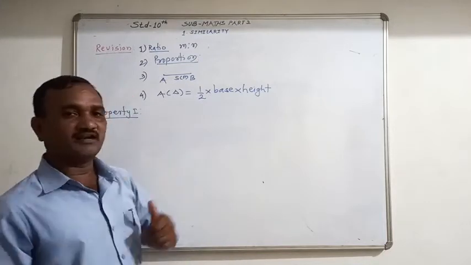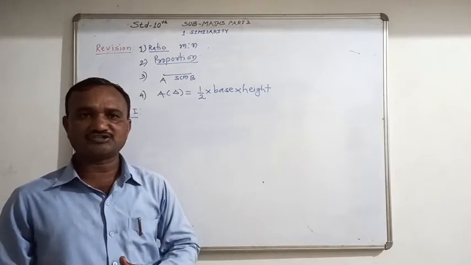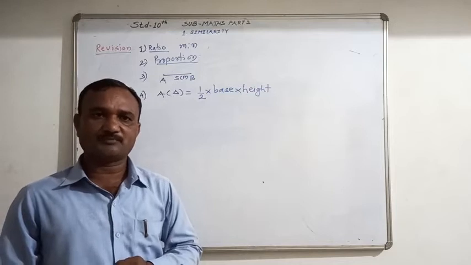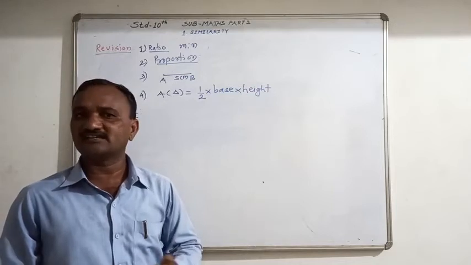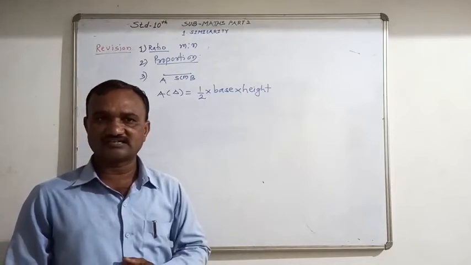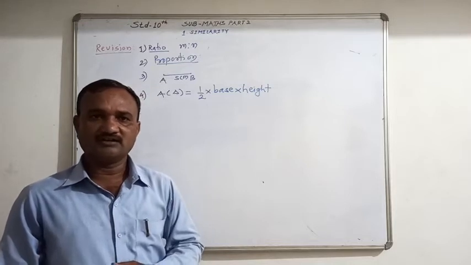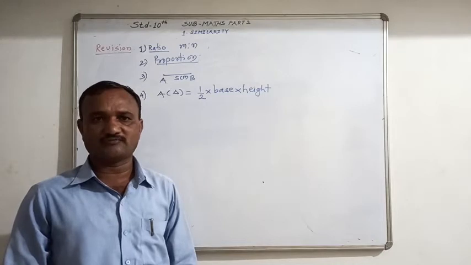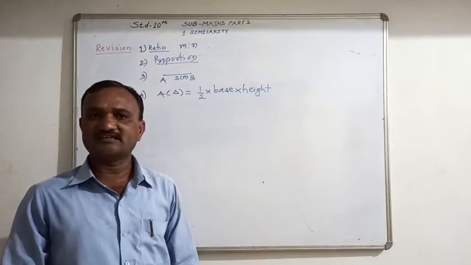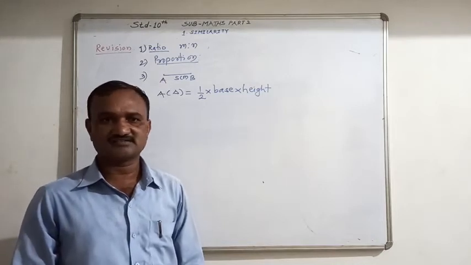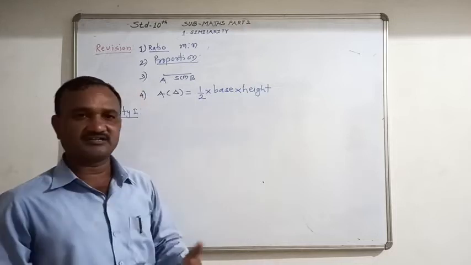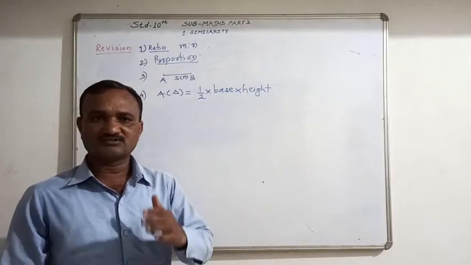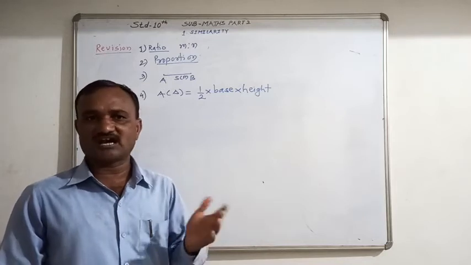So property number 1: the ratio of areas of two triangles is equal to the ratio of the product of base and their corresponding heights. Once again listen carefully. Property number 1, the ratio of areas of two triangles is equal to the ratio of the product of base and their corresponding heights. This is the theorem which is asked in the board question paper, so the property is asked for proof.